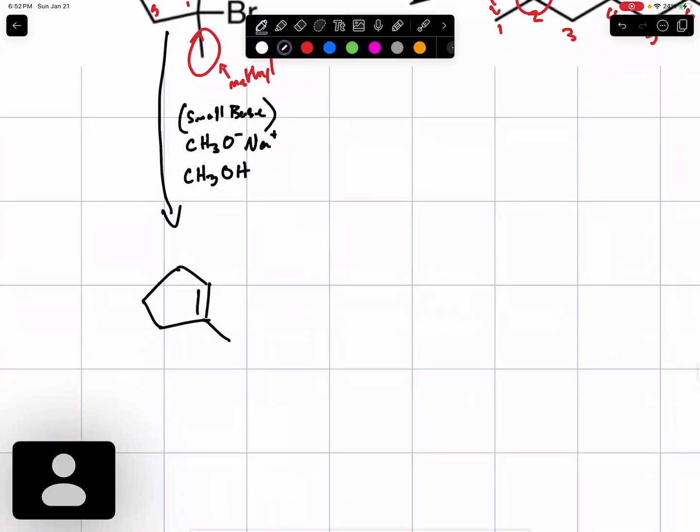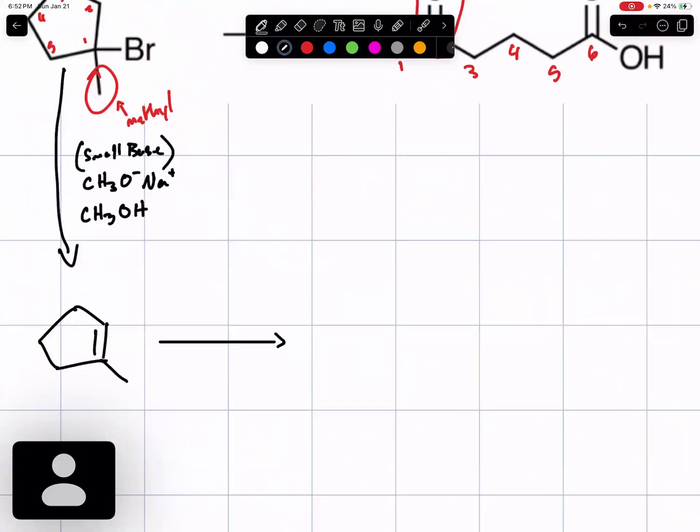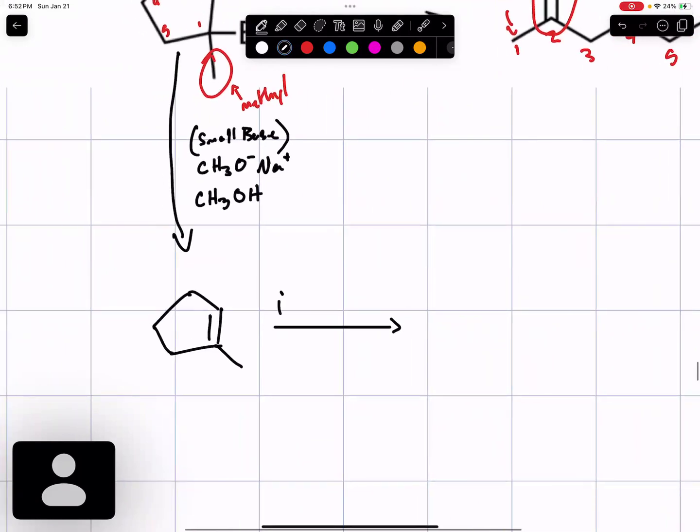And I already gave you the second step. What's our second step, guys? We're breaking this ring. How are we breaking it? Ozonolysis, right? Okay, so it's O3 and DMS.